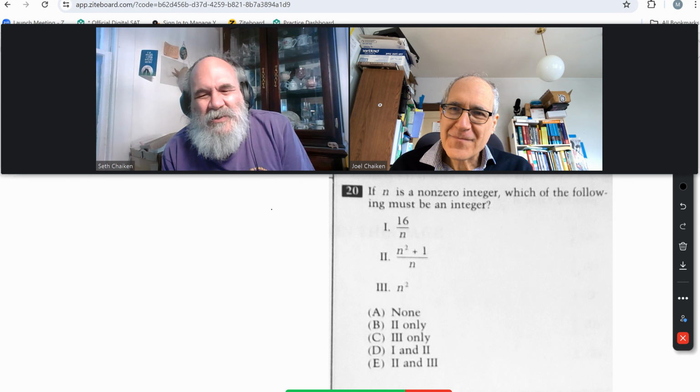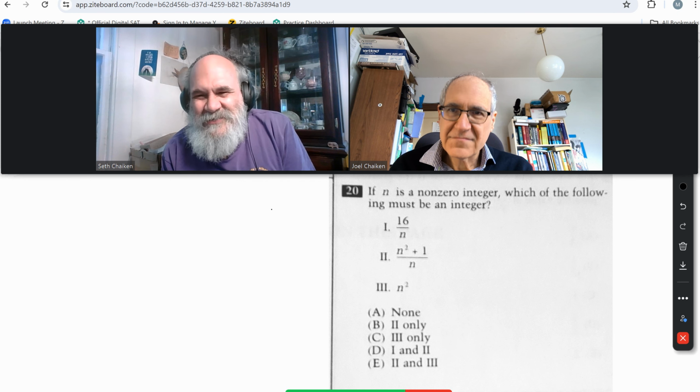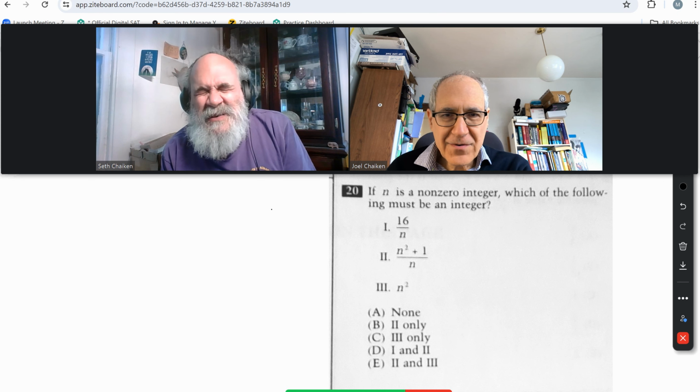I think it's practical, but more efficient to throw in certain kinds of integers. Like for the top one, you throw in a big integer. Right. And you get certainly a fraction, which is not an integer. So we will now cross this one off.